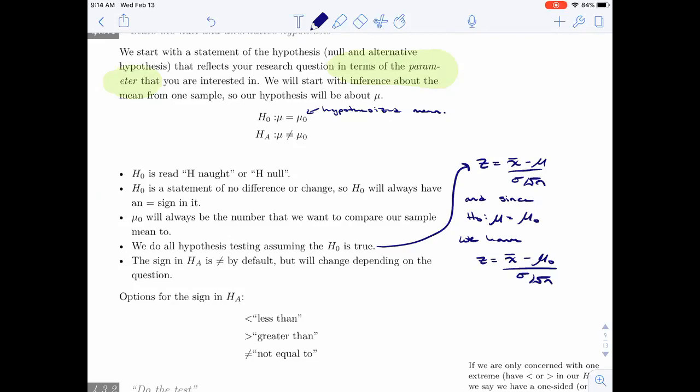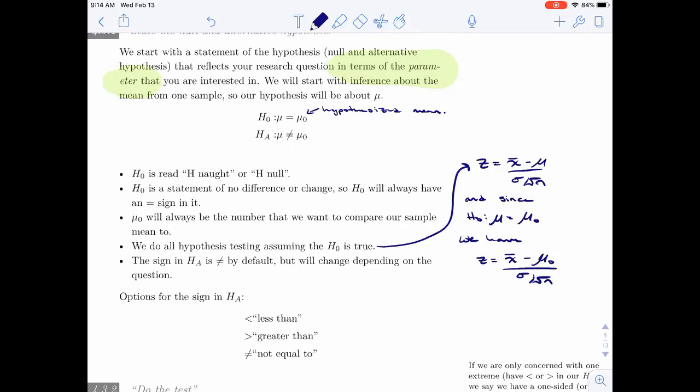Or if the question has keywords like less than, for example, is the time that my drug takes to kick in significantly less than the other drug, then you would use the less than, just because you have some idea about what might happen.